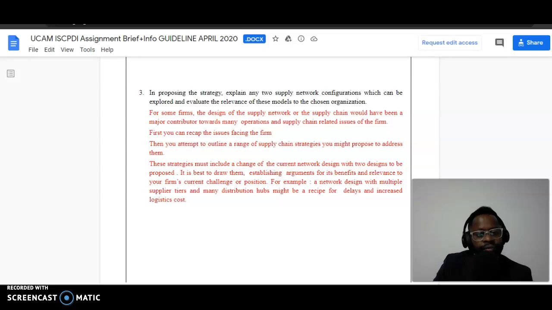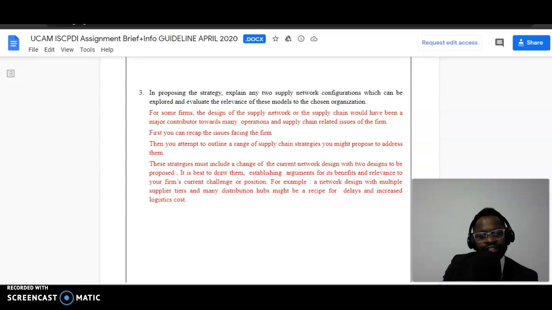So anyway, first thing you should do is recap the issues facing the organization. So you can start with recapping the challenges that the organization would have faced, whether it be Lego, IKEA, etc. All right. Then you attempt to outline a range of supply chain strategies you might propose to address these issues. All right. I'm going to come back to that.